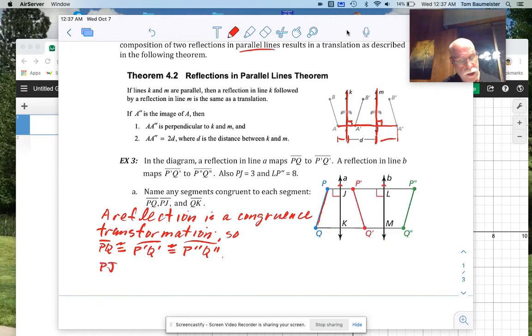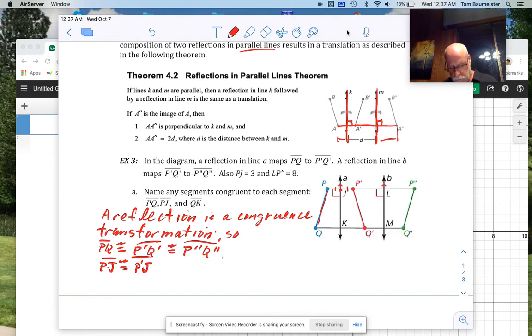If you look at this here, PJ would be this segment here, from P to J. From J to P prime, if you look at it, it even kind of looks like it's the same distance. Not that we're supposed to assume that, but what they told us, we can say that PJ is congruent to P prime J.